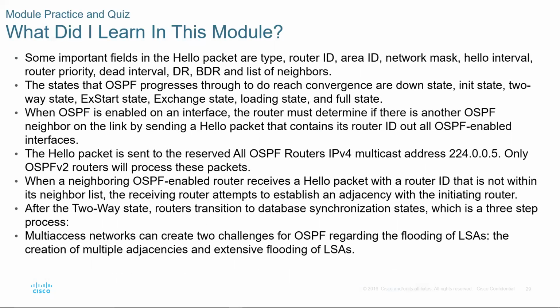Now these packets that are sent back and forth contain the router's source ID, the area so that it's not advertising to another area, the network masks, the hello interval, dead interval, the priority for the router, and who it believes is the designated and backup designated routers, and a list of all the other devices it knows.